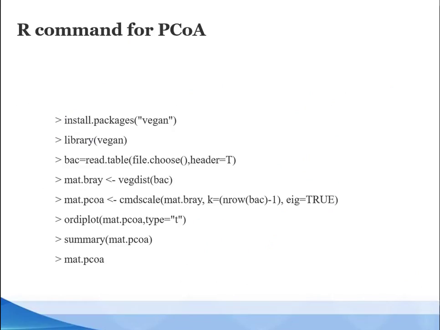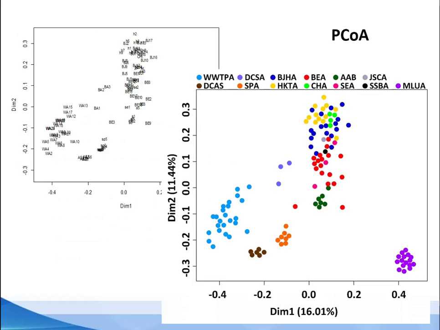And this is the result for principal coordinate analysis, also based on Bray-Curtis distance. We could find that the result from the principal coordinate analysis looks the same as the non-metric multidimensional scaling result.